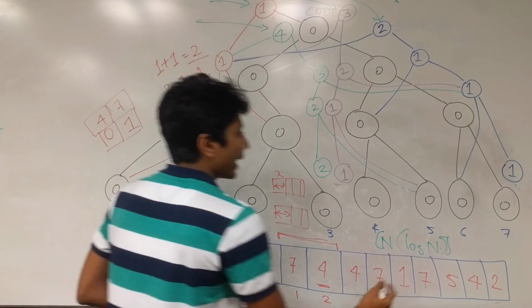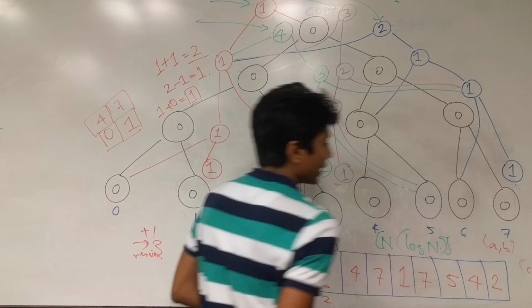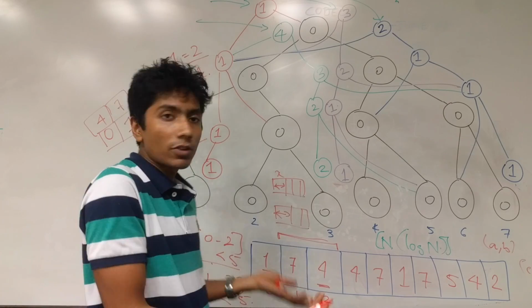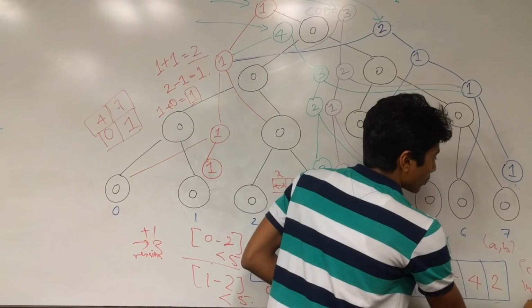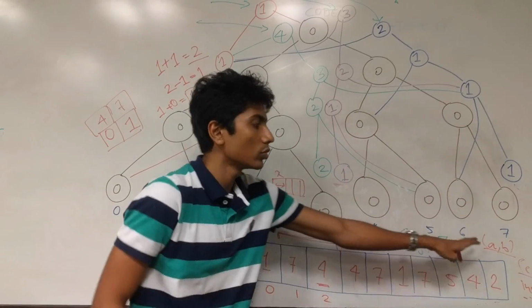Okay, so for A to B and C to D, the index of P, without loss of generality, let's say P is always a small element, the index of P should be the same in both these queries. So these two should give you the same answer.